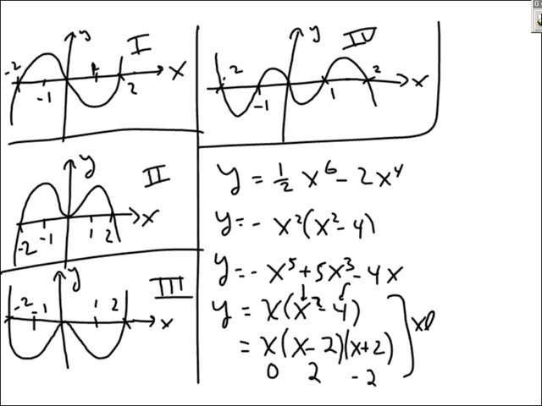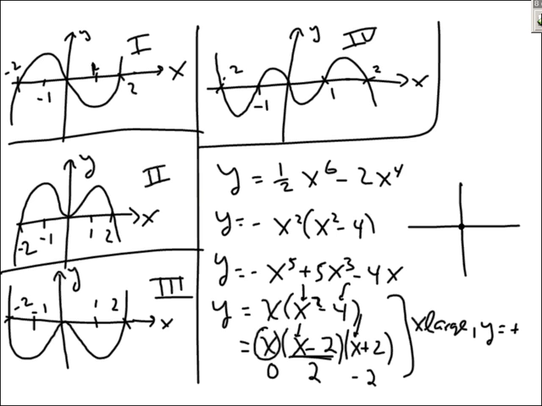And for x large, well, if x is large, that means x will be positive. If you have a very, very large number and you take away 2, you're positive. If you have a large number and you add 2, you're positive. So y is positive. So we can kind of graph that.